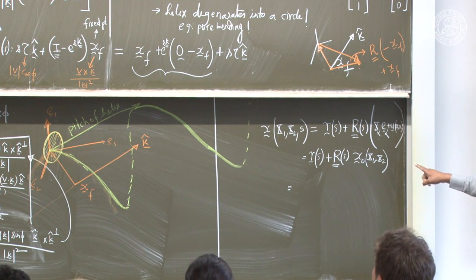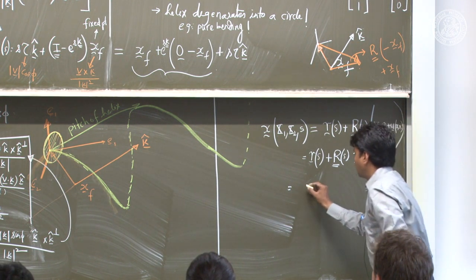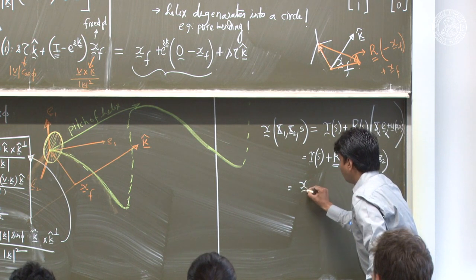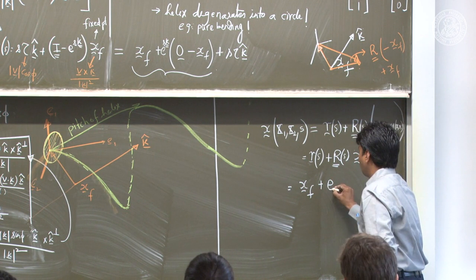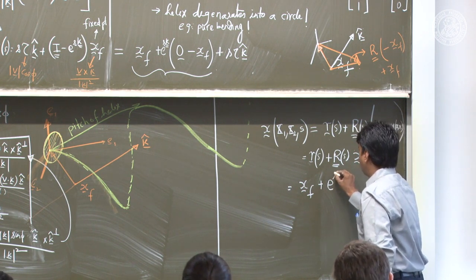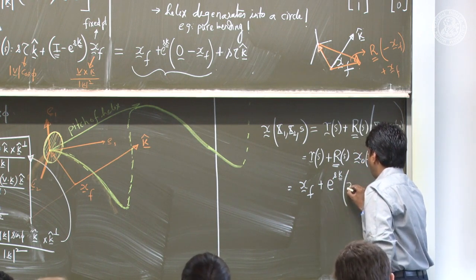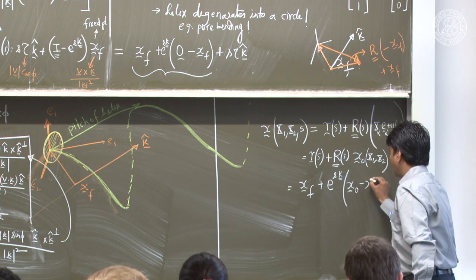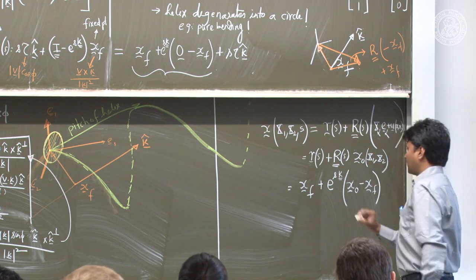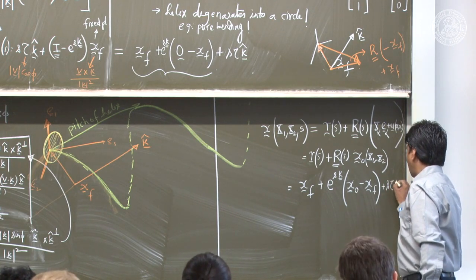So little r is, yeah, over there. So that's little xf plus e to the power sk of little x naught minus little xf plus s tau k hat.